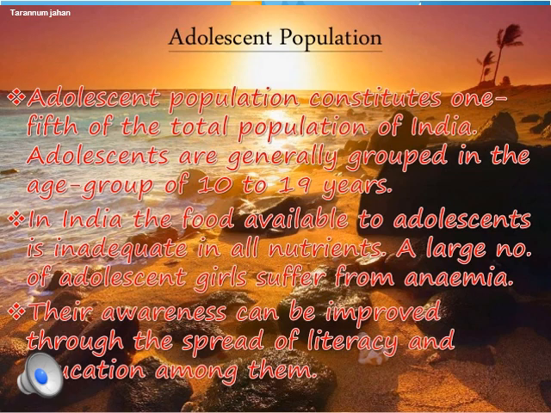In India, the diet available to adolescents is inadequate in all nutrients. A large number of adolescent girls suffer from anemia, a deficiency of red blood cells or hemoglobin. So awareness can be improved through the spread of literacy and education among adolescent girls.